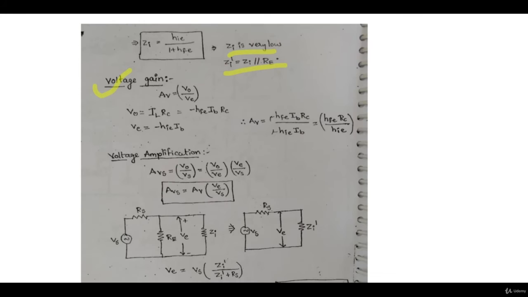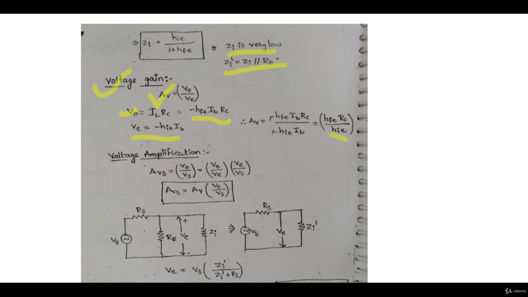So AV is equal to V0 divided by VE. V0 is IC·RC, which is minus hfe·IB·RC, and VE is minus hie·IB, which we calculated before. You divide both terms and you will get hfe·RC divided by hie.